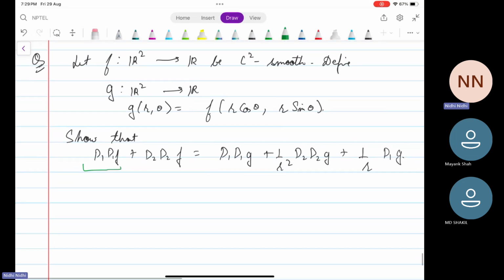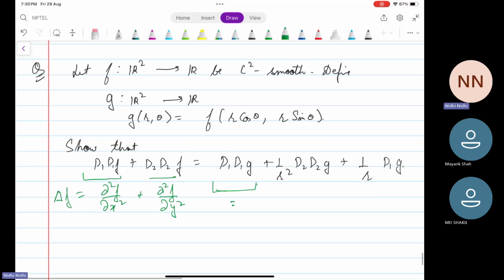If I take that to be x, this is del 2 f by del x square, and this is del 2 f by del y square, which is basically the Laplacian of f. And for g, our variables are r, theta. So this is del 2 g by del r square, this is del 2 g by del theta square, and this is del g by del r.